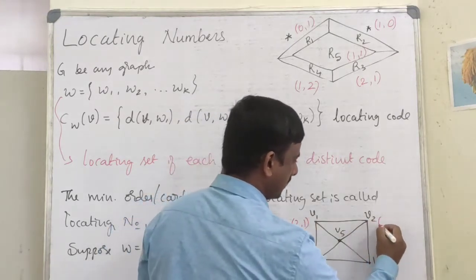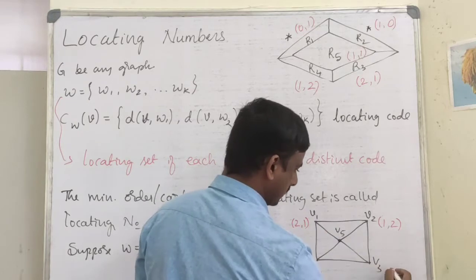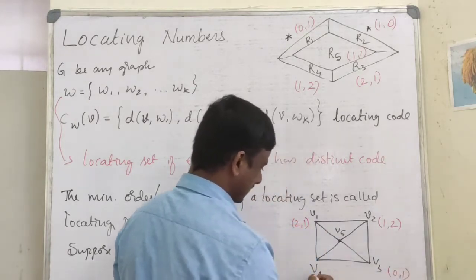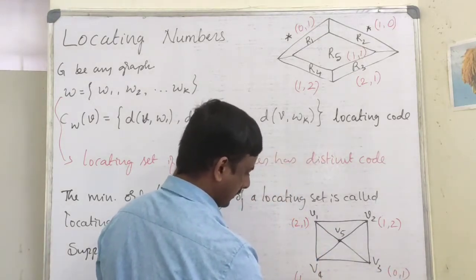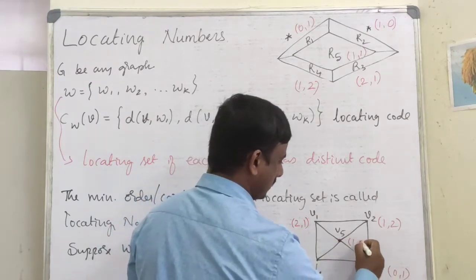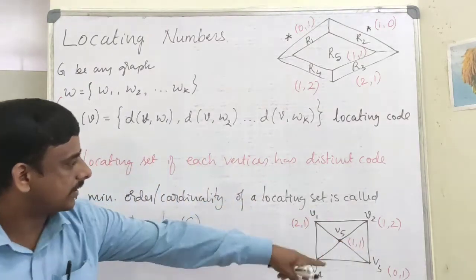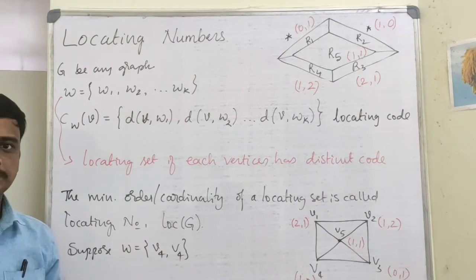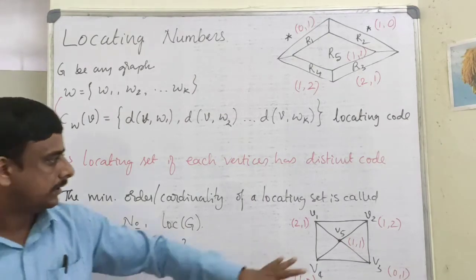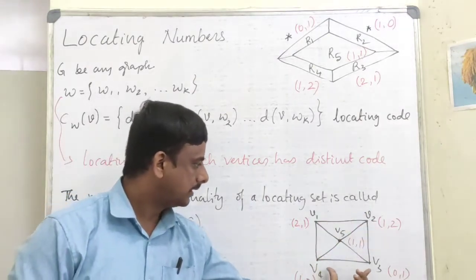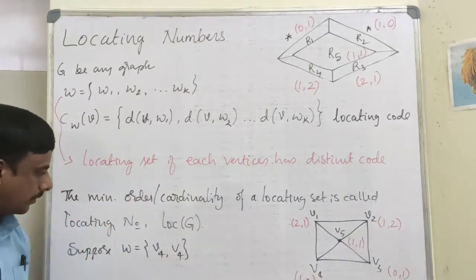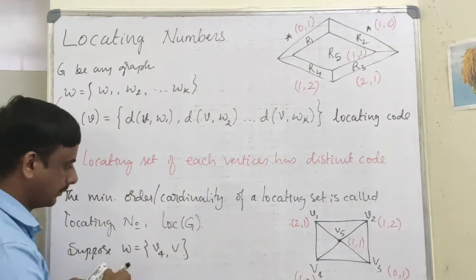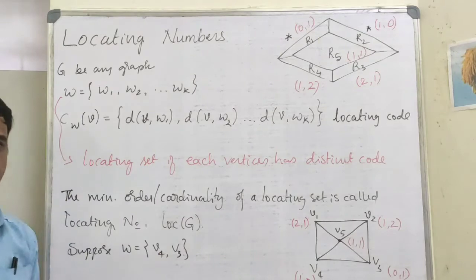This gets locating code 1, 2. This gets locating code 0, 1. This gets locating code 1, 0. This gets locating code 1, 1. So each vertex has a different code. So easily you can say that the set V4, V3 will be a locating set.